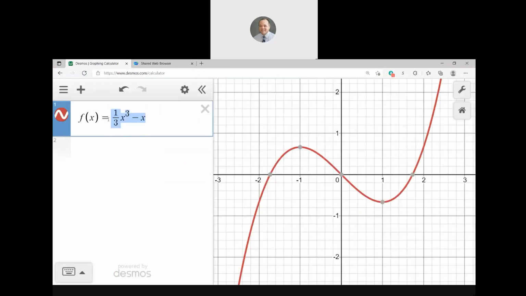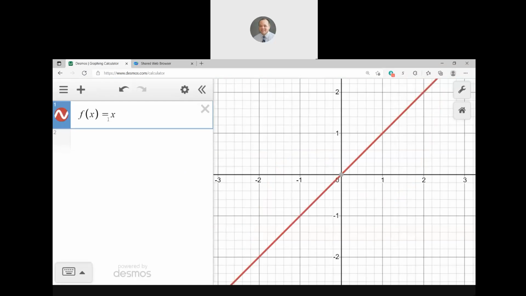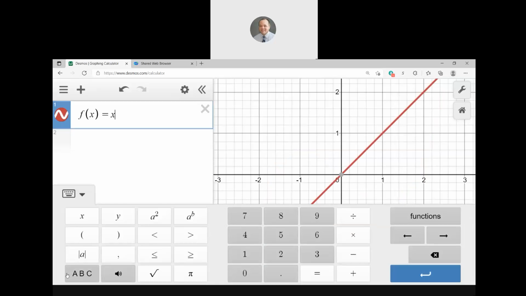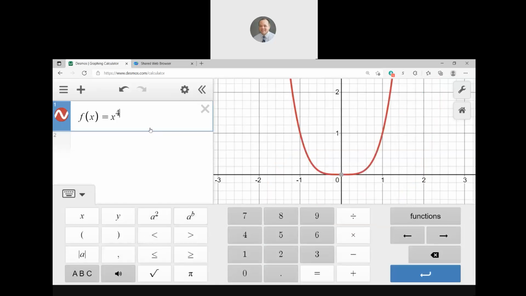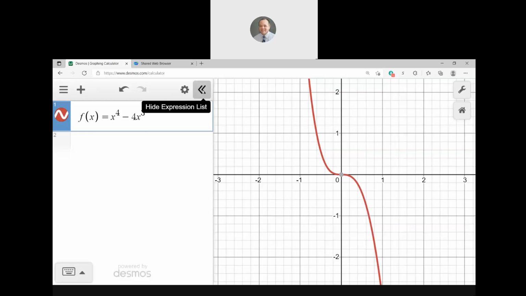And let's type in our next function. X to the 4th power minus 4x cubed. And let's hide everything and reveal our graph.